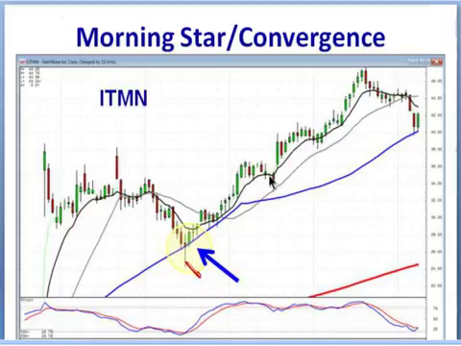And then visually also, notice where this Morningstar signal is occurring. Again, your stochastics in the oversold area, a Morningstar signal, smack dab on the 50. Now, why is that relevant as far as candlestick analysis?